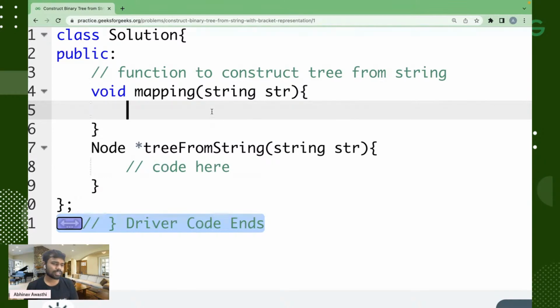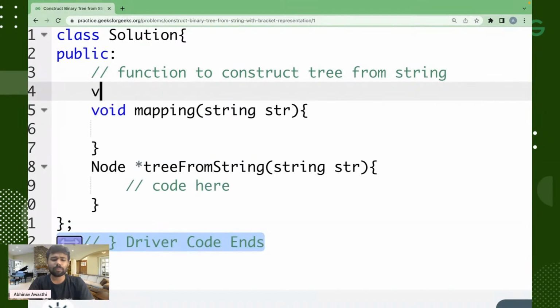We can do this with that also, but if stack is there, stack is something which can help us, so why would we not use it? And actually the map which we will take, I will make it a global variable because we will be using that map in the other functions too.